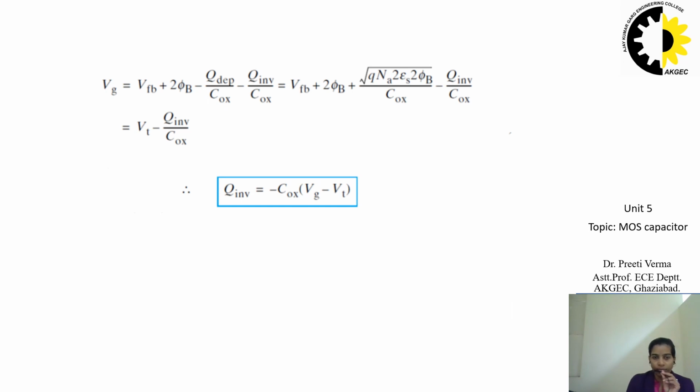Then we have seen weak inversion and strong inversion. We have also studied the band bending due to the effect of depletion and accumulation of charges, and that is due to the effect of applied gate voltage.